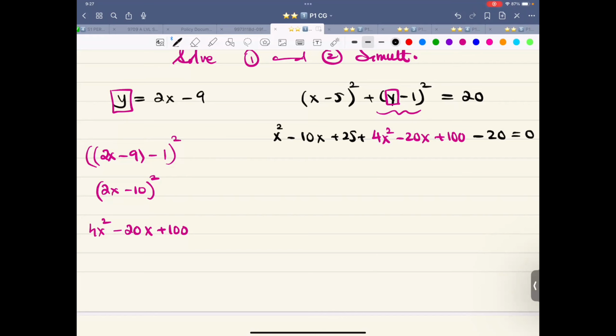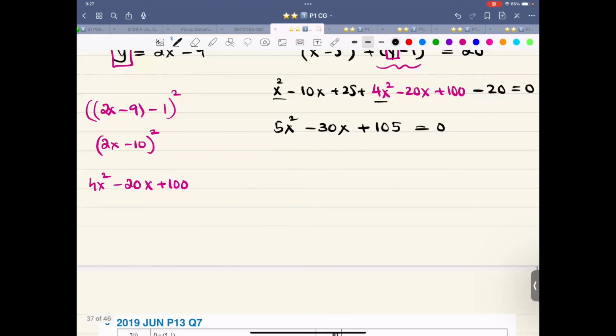All good? So now x square plus 4x square, that is 5x square, negative 10, negative 20, negative 30x, 125 minus 20, that is 105, is equal to 0, divided by 5. That is x square minus 6x plus 21 equals 0.